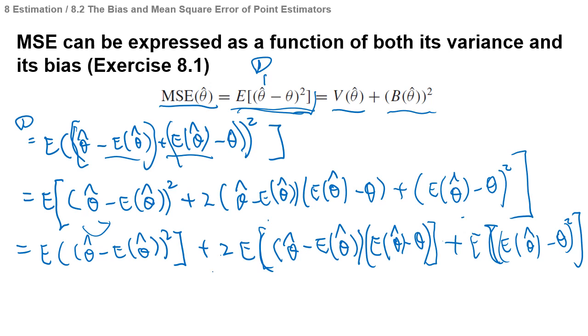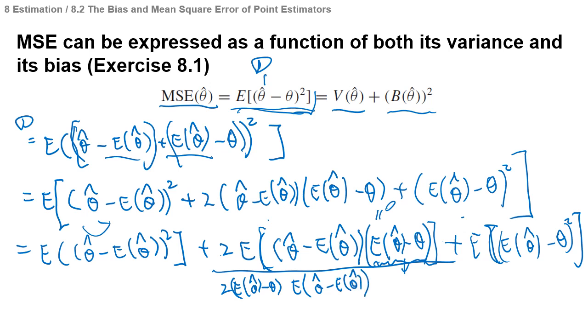And here this expectation goes to 0. Why is it true? This part is constant: the expected value of zeta hat minus zeta. So it can go out of the expectation, and it's 2 times that, times the expected value of (zeta hat minus expected value of zeta hat).